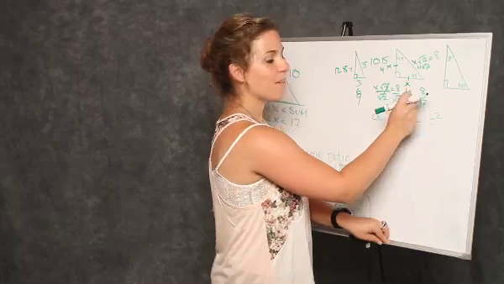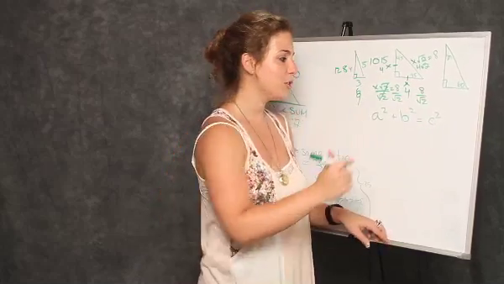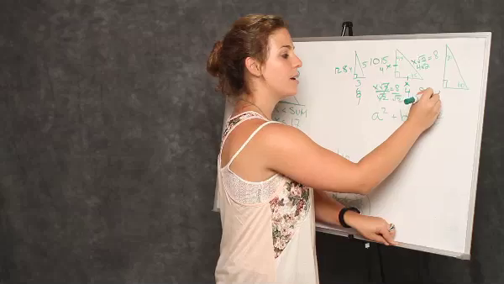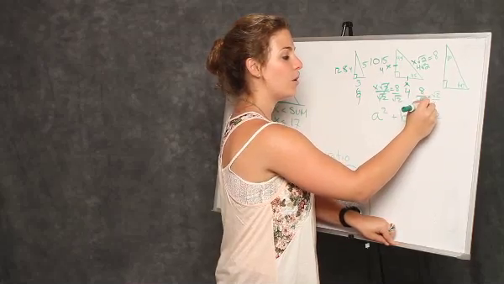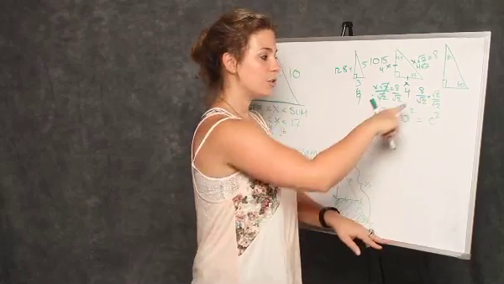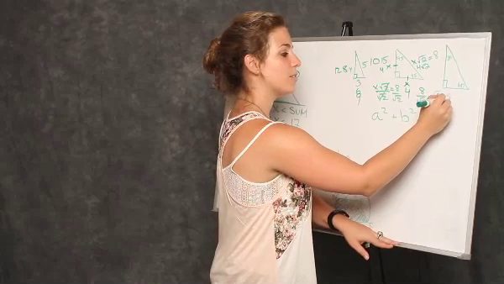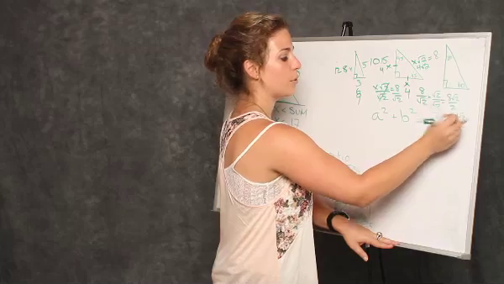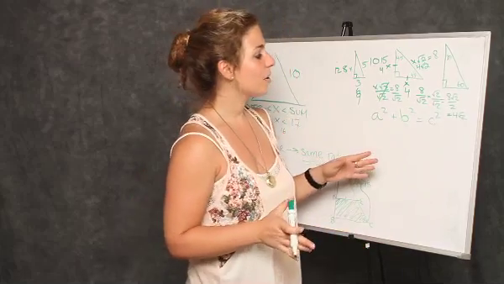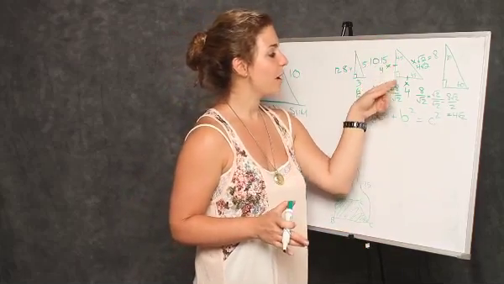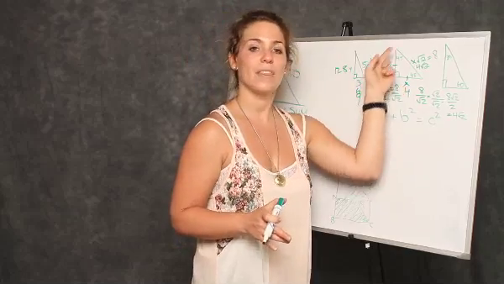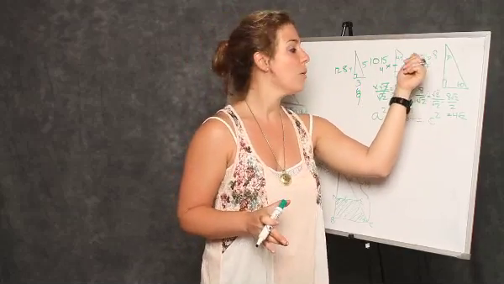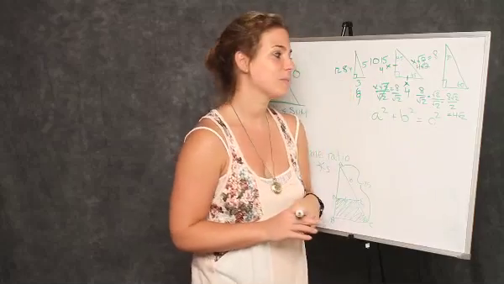If you don't like having a radical on the bottom of your fraction, what you want to do is multiply this by square root of 2 over square root of 2. So now you have 8 square root of 2 over 2, which is just 4 square root 2. So either way you want to do that, you can either use this leg to find the hypotenuse, or find the leg from the hypotenuse.